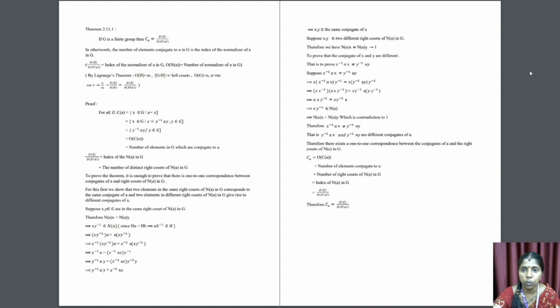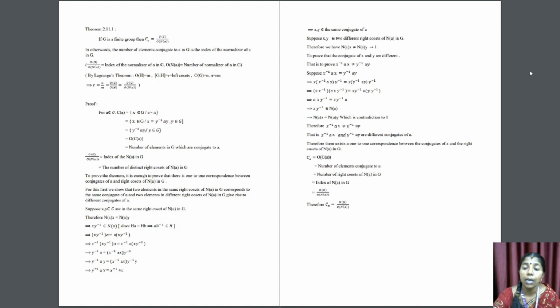Suppose x, y belong to two different right cosets of N(a) in G. Therefore, N(a)x is not equal to N(a)y.